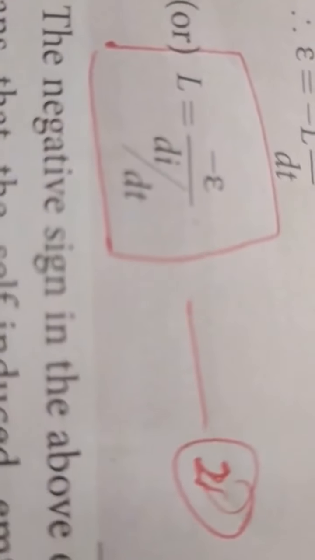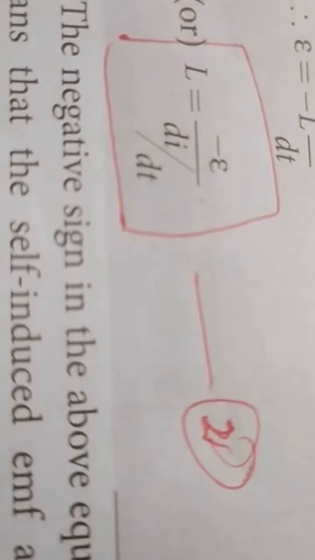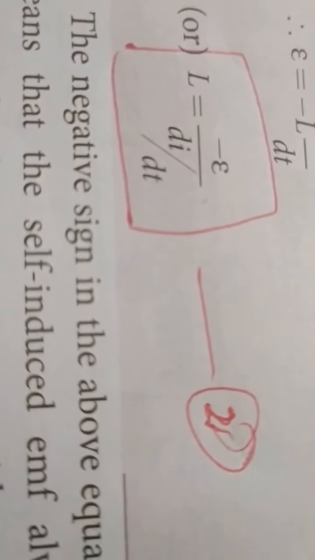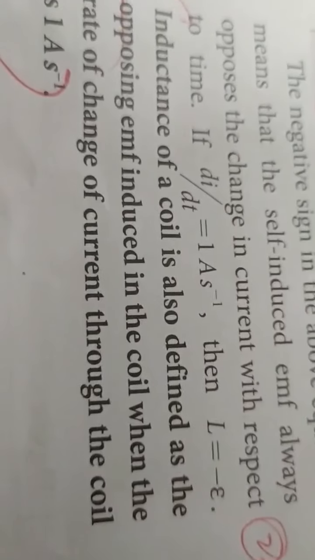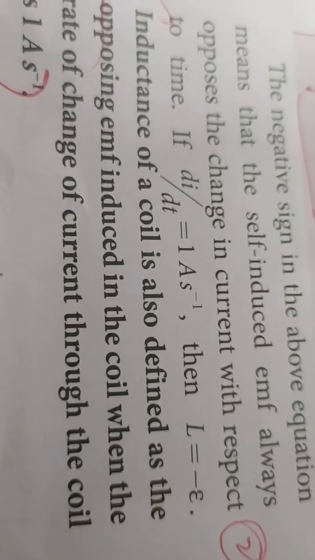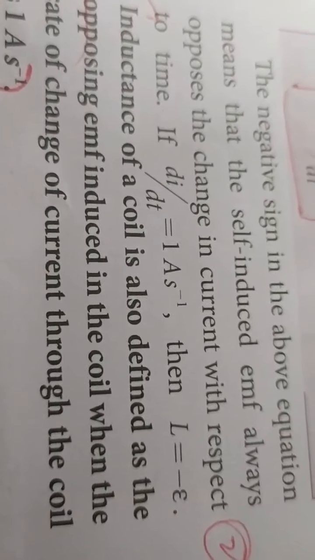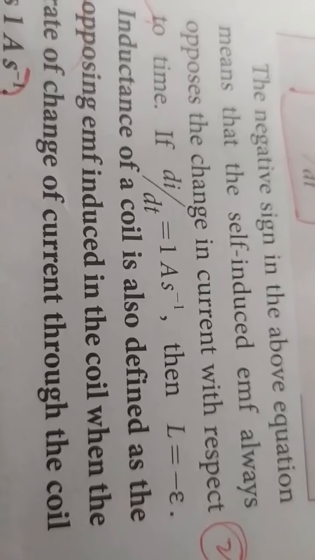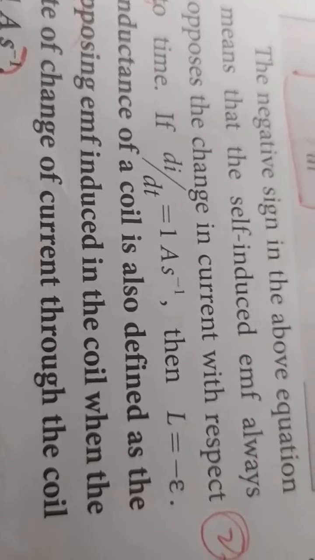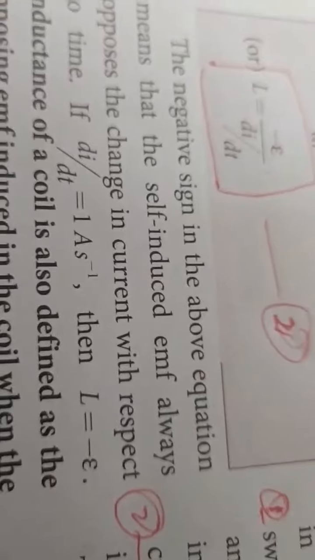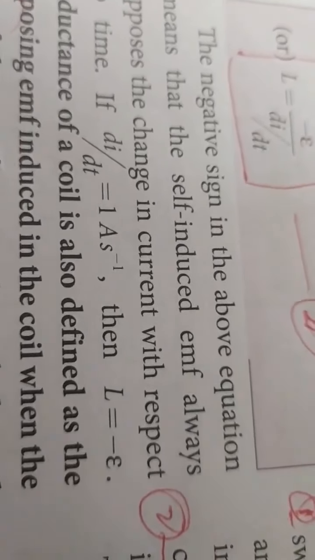Suppose dI by dt is equal to 1 ampere per second, L is equal to minus E. So in this way you can define self inductance. And next we shall see about the unit of inductance.